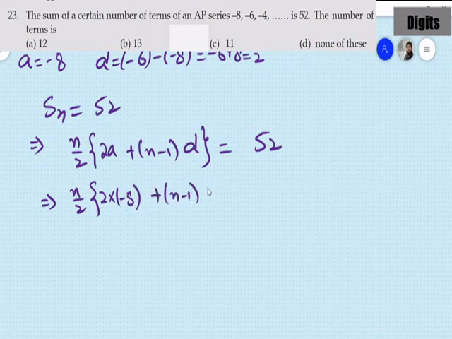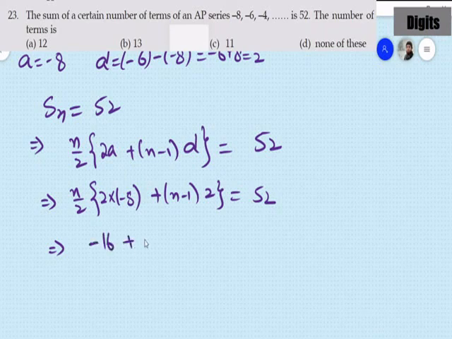Now I will shift this 2 on the right hand side. It will be equal to minus 16 plus 2n minus 2, and here it is n, and it will be equal to 52 into 2.